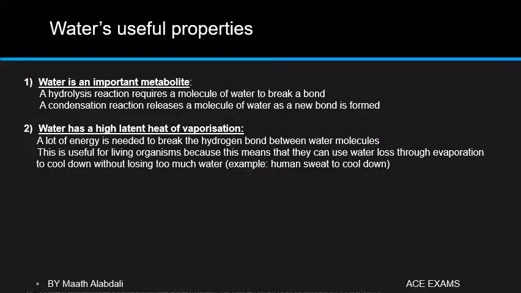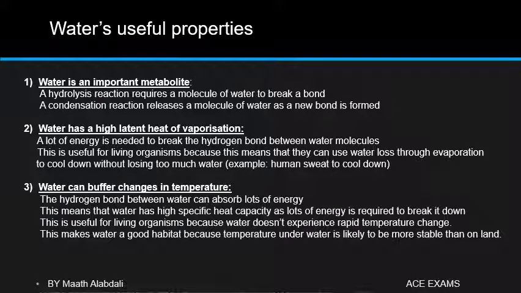The third property of water is that water can buffer changes in temperature. So the hydrogen bonds between water molecules can absorb lots of energy. This means that water has a high specific heat capacity, as lots of energy is required to break them down. And this is useful for living organisms because water does not experience rapid temperature change.